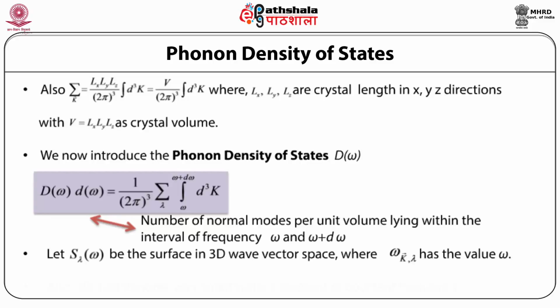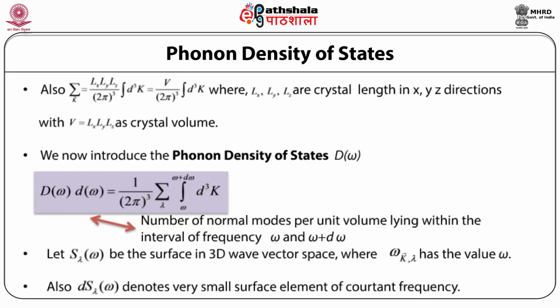So now let S lambda omega be the surface in a 3D wave vector space where omega(k, lambda) has the value omega. Also, dS lambda omega denotes a very small surface element of constant frequency.